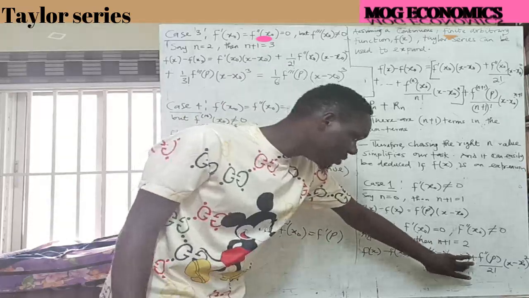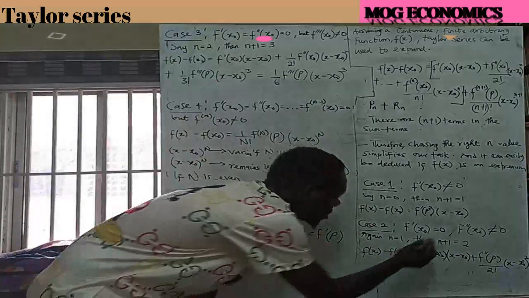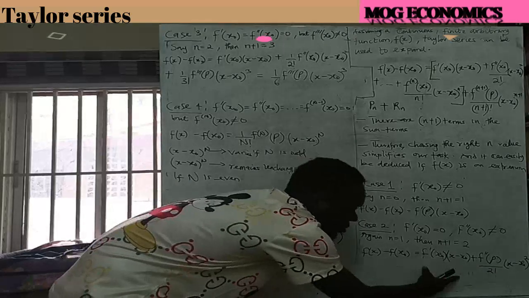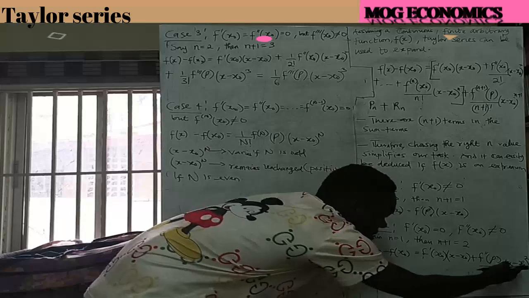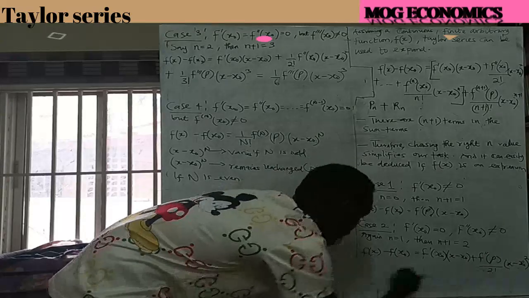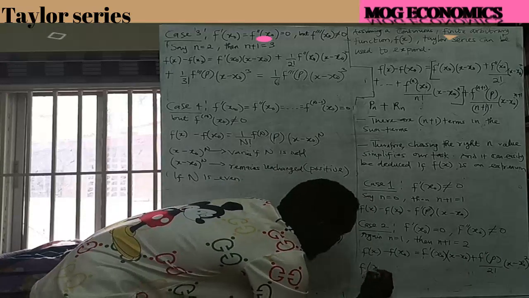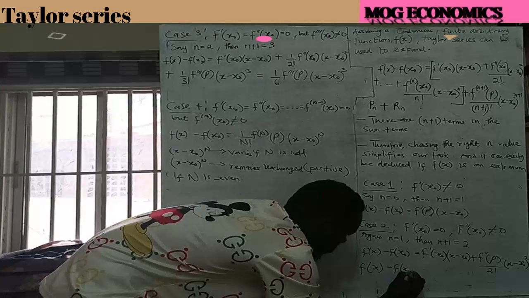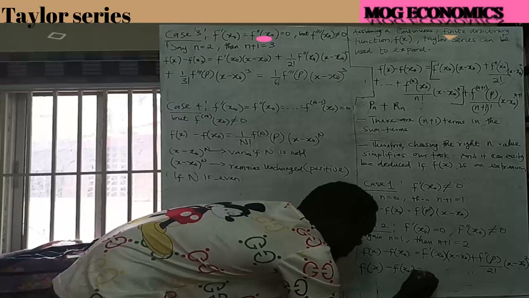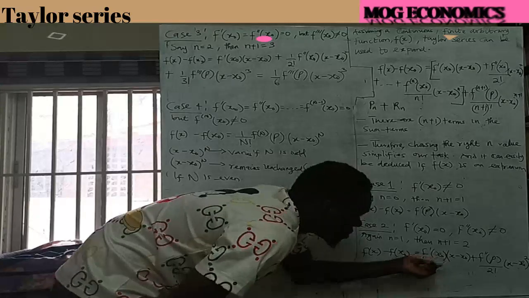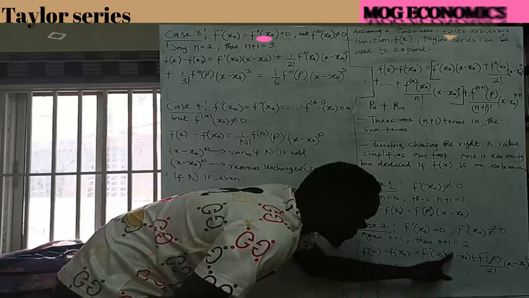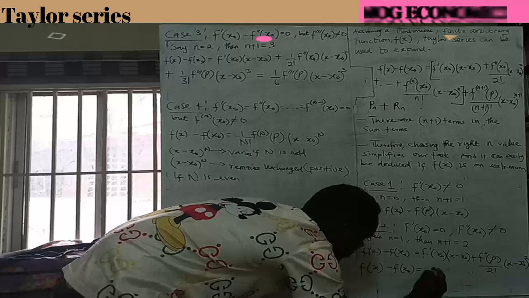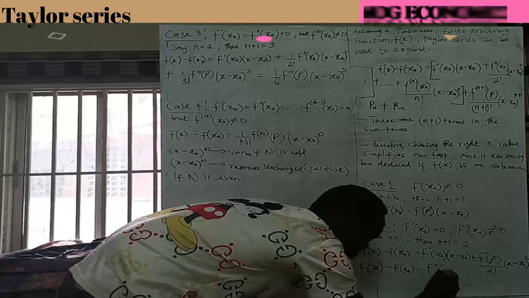So this drops out of the equation, and then we are left with just this. Because this is assumed to be 0, this drops out from the assumption here, and then here we are left with this.